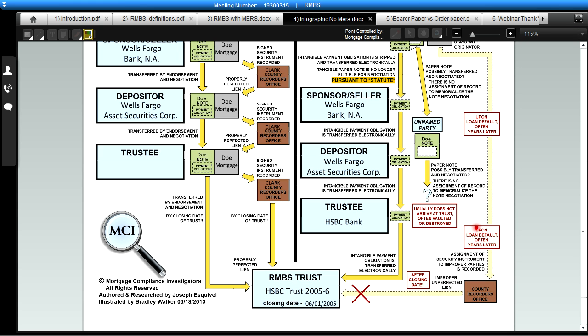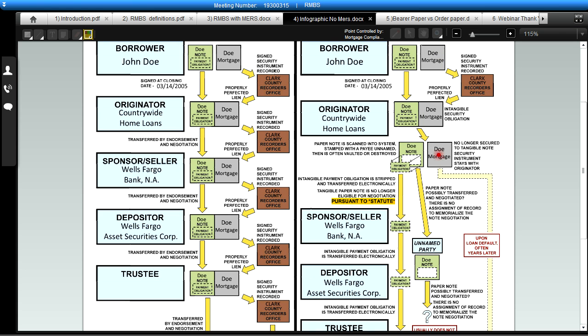They're trying to reattach conditions to enforce a power of sale clause that is contained in the security instrument, but it's not attached to the note. There has been no proper negotiation of the tangible promissory note.